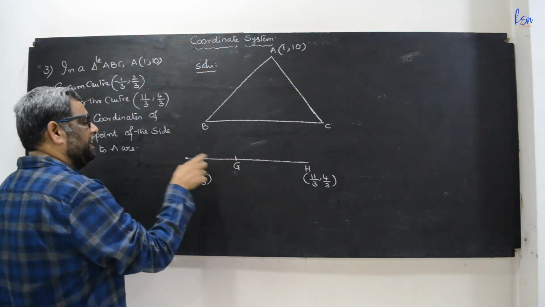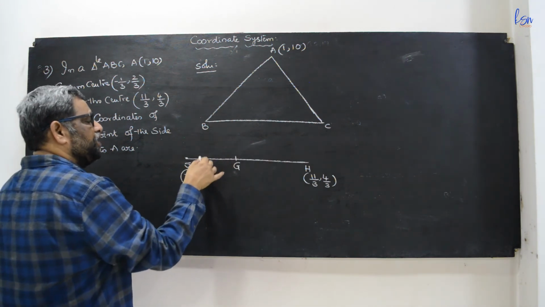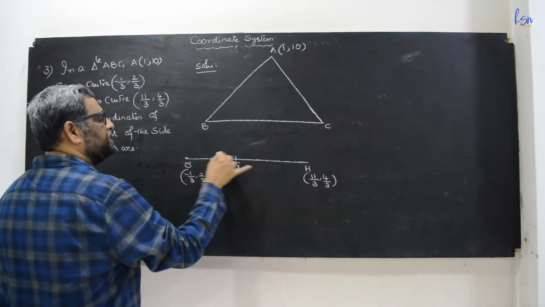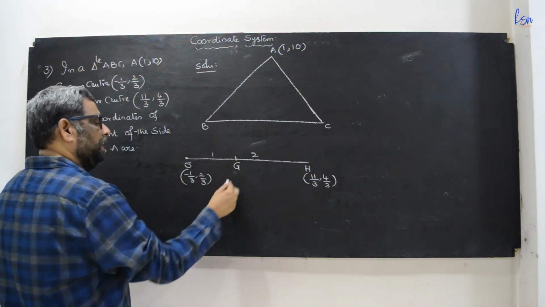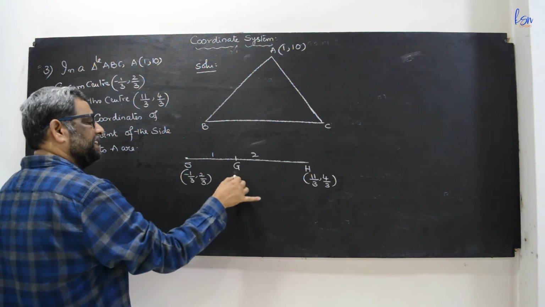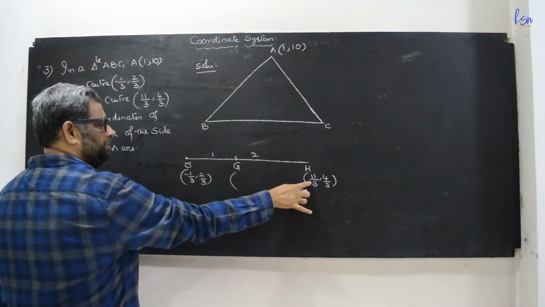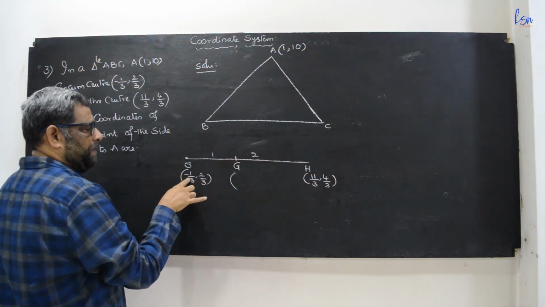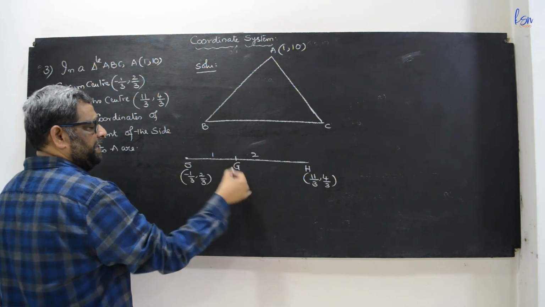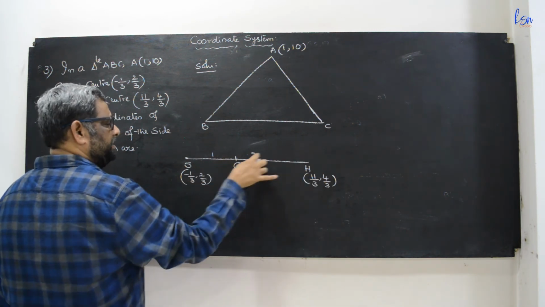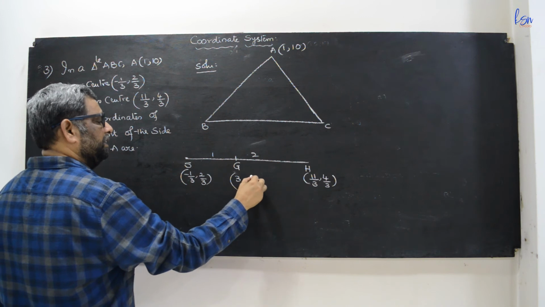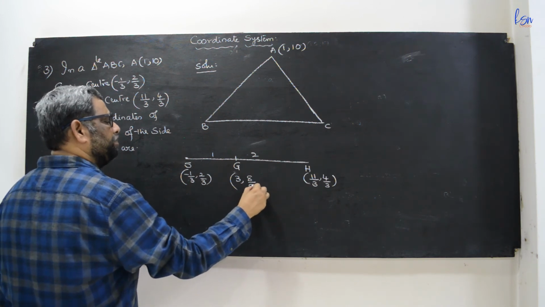It will divide the line segment in the ratio SG is to GH is equal to 1 is to 2, and therefore for this G, by the section formula, 11 by 3 minus 2 by 3, 9 by 3, that is 3, and 4 by 3 plus 4 by 3, 8 by 3 by 3, 8 by 9.